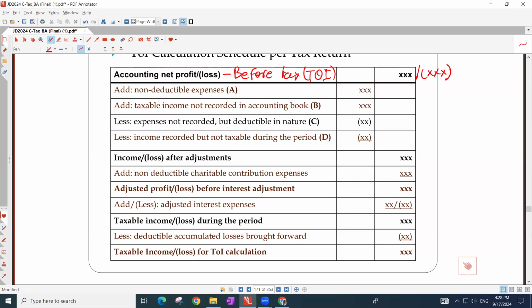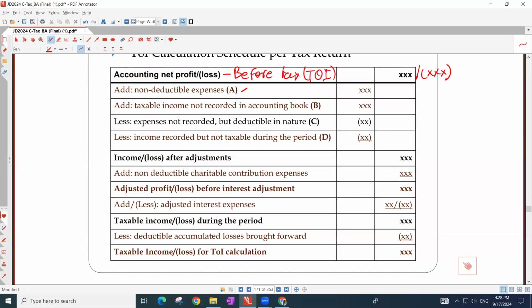Put the negative figure here. And then add back non-deductible expense, which is the step one that we have to take into account, all kinds of non-deductible expense. And then we add back all taxable income not recorded in the accounting book.